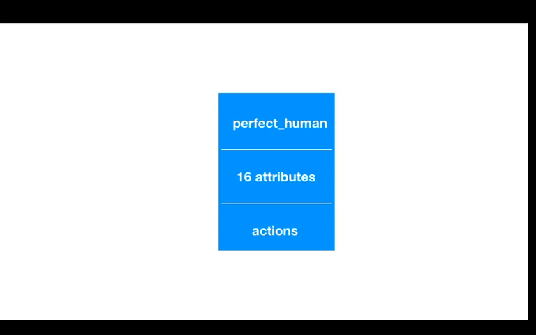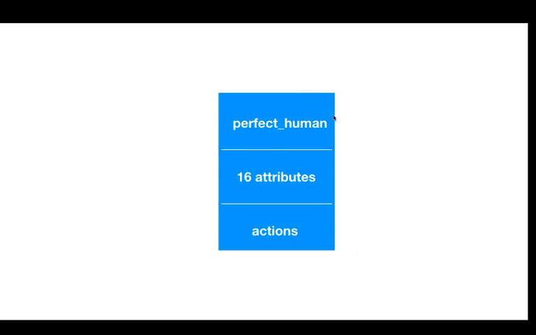Valmiki asked Narada, who is the perfect human being? Is there a perfect human being in the current times in the world? That was a question asked by Valmiki, for which Narada gave an answer in the form of Ramayana. The story of Ramayana is essentially the story of a perfect human being.